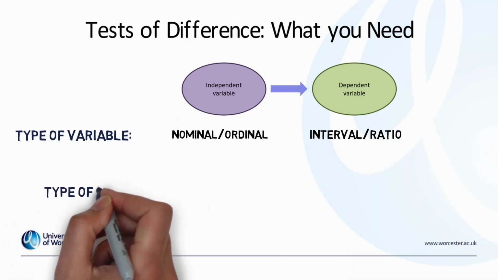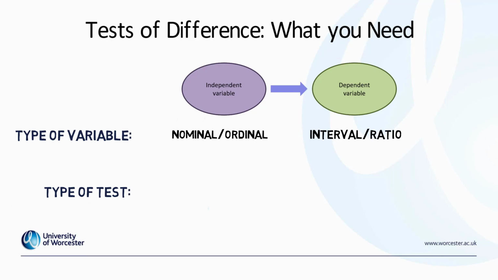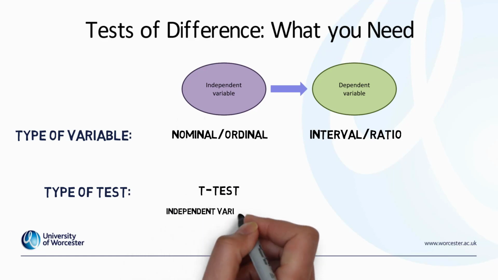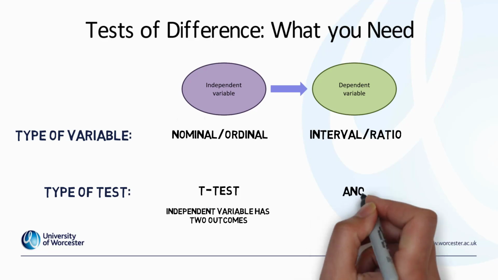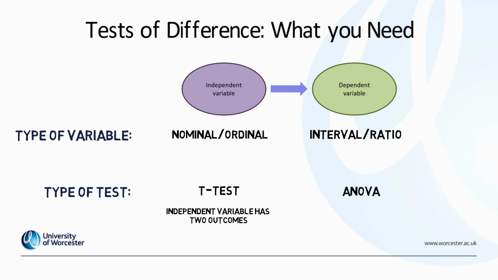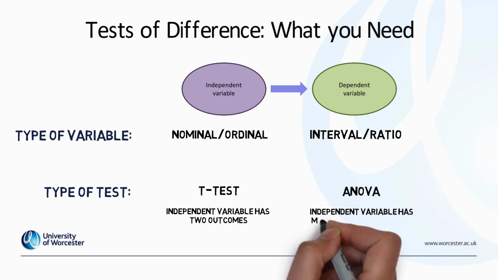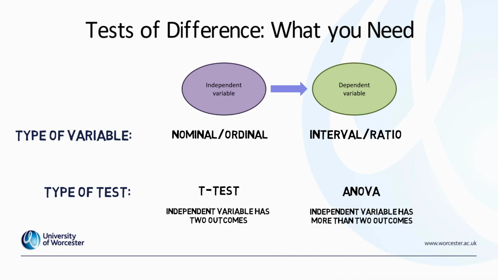And the type of test you would normally do for tests of difference include a t-test, which is used when the independent variable has two outcomes, such as public or private workplace, and an ANOVA test if the independent variable has more than two outcomes, such as EU member states, for example, France, Italy, Spain or Germany.